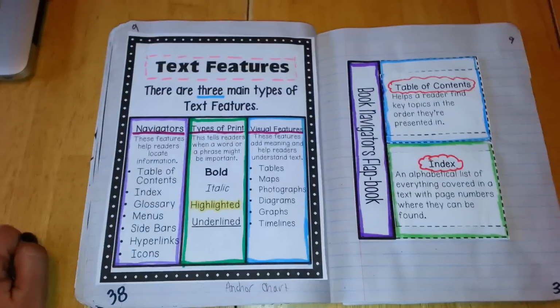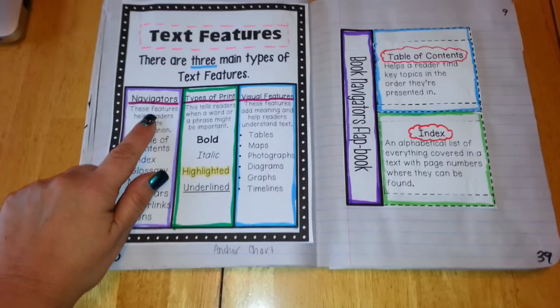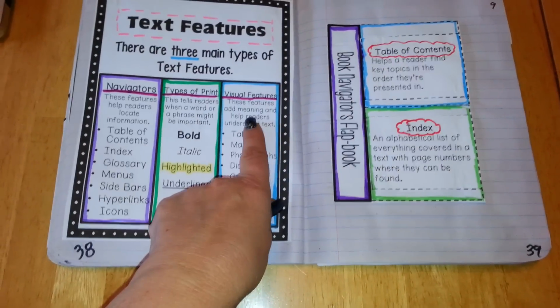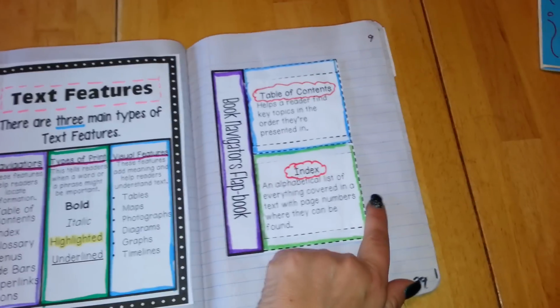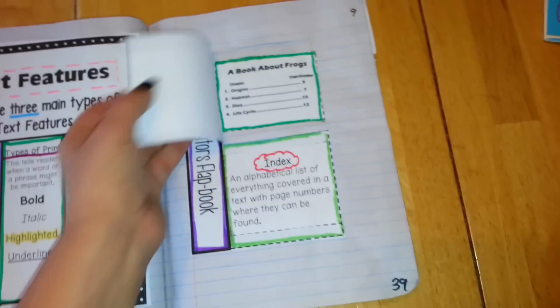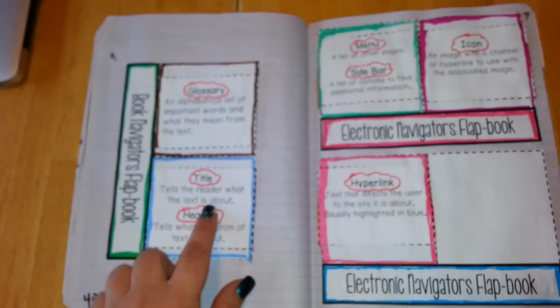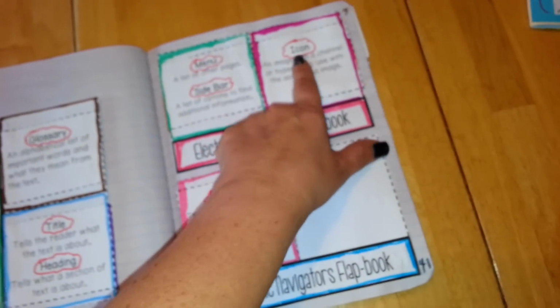All right, next, let's skip to page 38. There's one on text features. There are 3 main types of text features: navigators, types of print, and visual features. They could create a little book to be used as a resource to remind them what an index, table of contents, glossary, title, heading, menu, sidebar, and icon are.